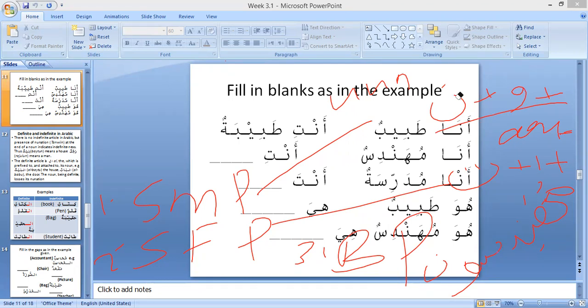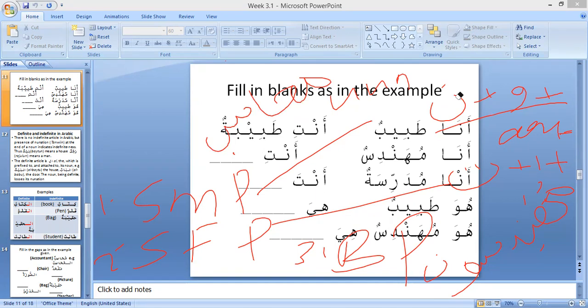Muhasib. Muhasib is a male accountant, right? What is the dual of muhasib? Dual means two people, male.